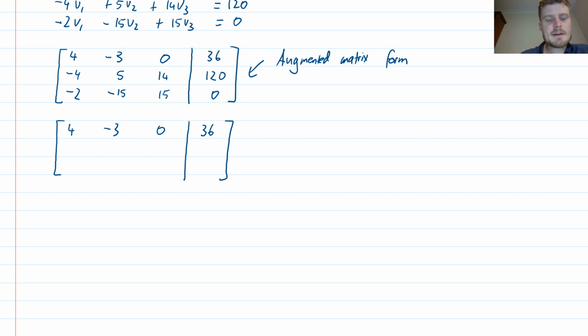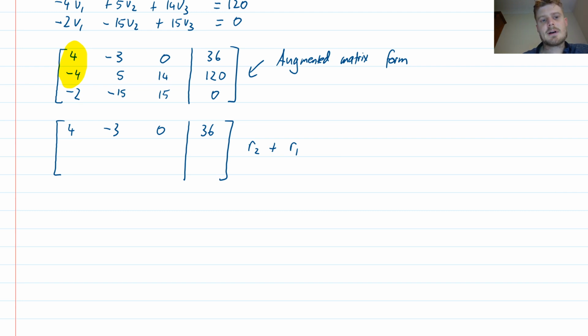But for the second row, I'm going to do this update, which is R2 plus R1. I can add together combinations of these rows. The reason I'm saying R2 plus R1 is that I'm looking at the numbers in the first column and I see that I've got a plus 4 and a minus 4.